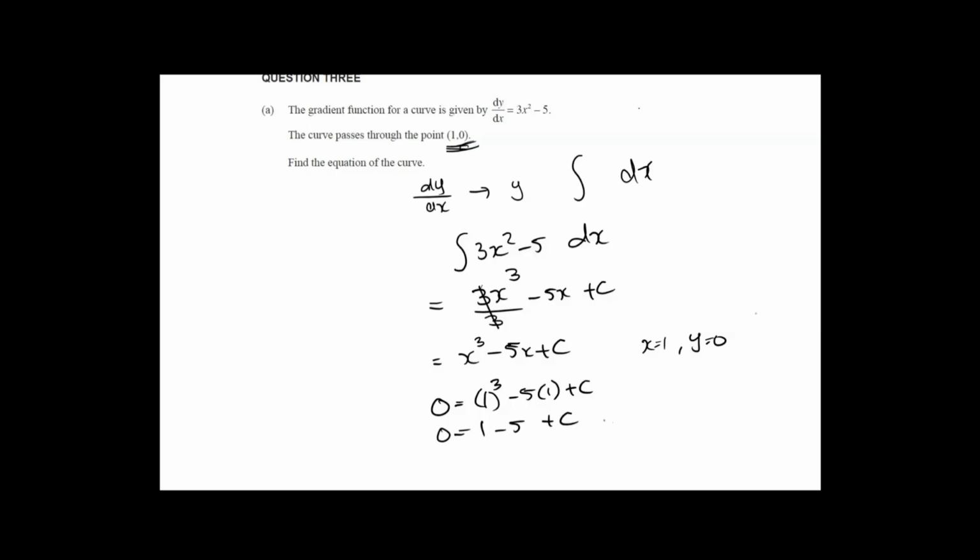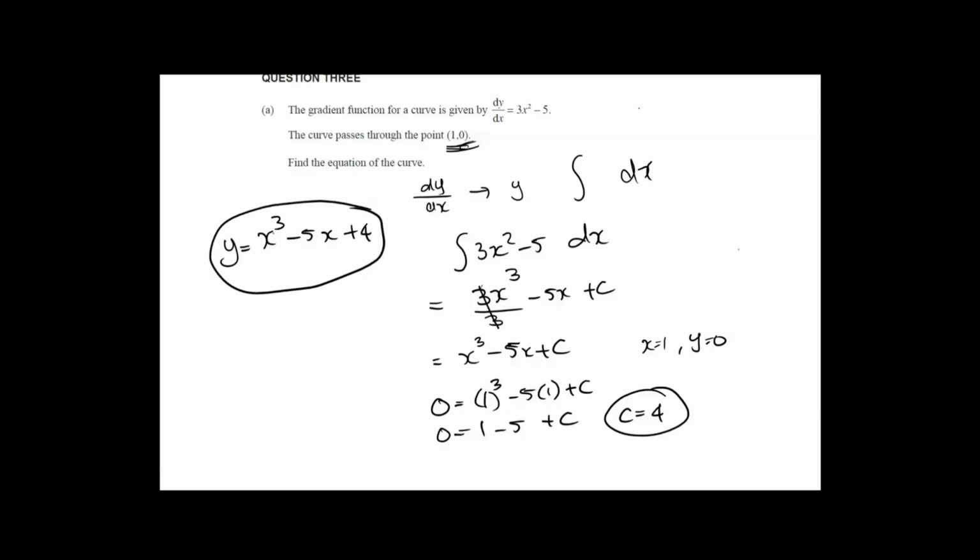So therefore, c must equal 4. Yes, that makes sense. So our original equation is going to be of the form y equals x cubed minus 5x plus 4. That's our final answer for that one.